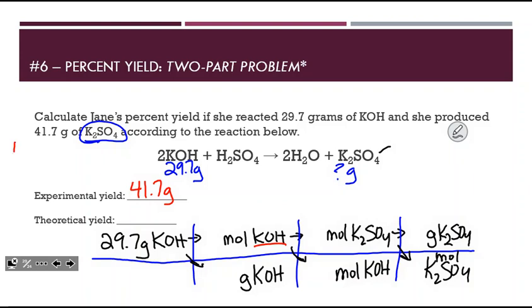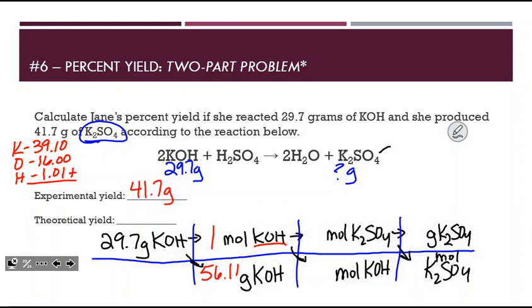K is 39.1, O 16, and H 1.01. Let's add those together. Remember, I want everybody to do their molar masses to 2 decimal places, that way we all have the same molar mass. 39.1, 16, 1.01. Did you get 56.11? All right, good. That equals 1 mole of KOH.